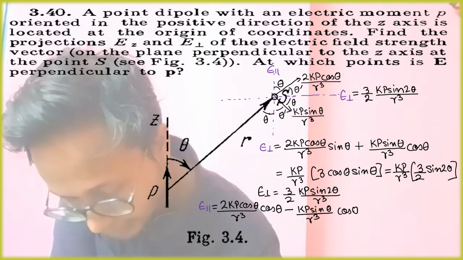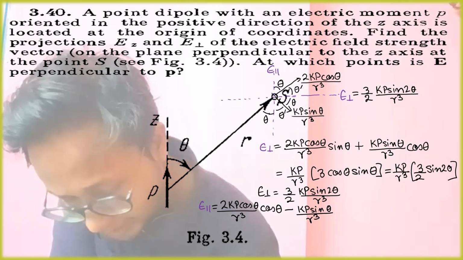How much is this angle? If this is 90 minus theta, this line and this line make 90 degrees, so this angle is theta. Cos theta dash, or cos 90 minus theta, is nothing but sin theta.